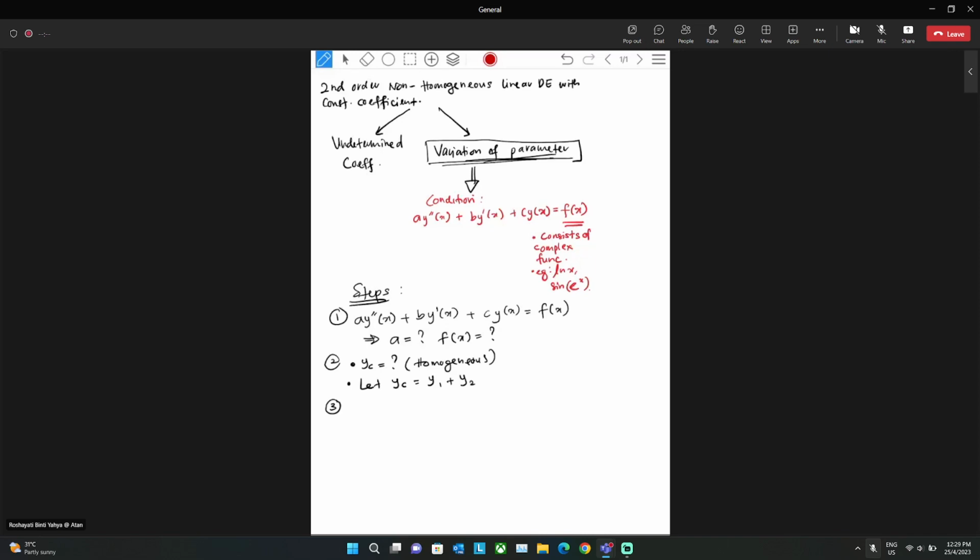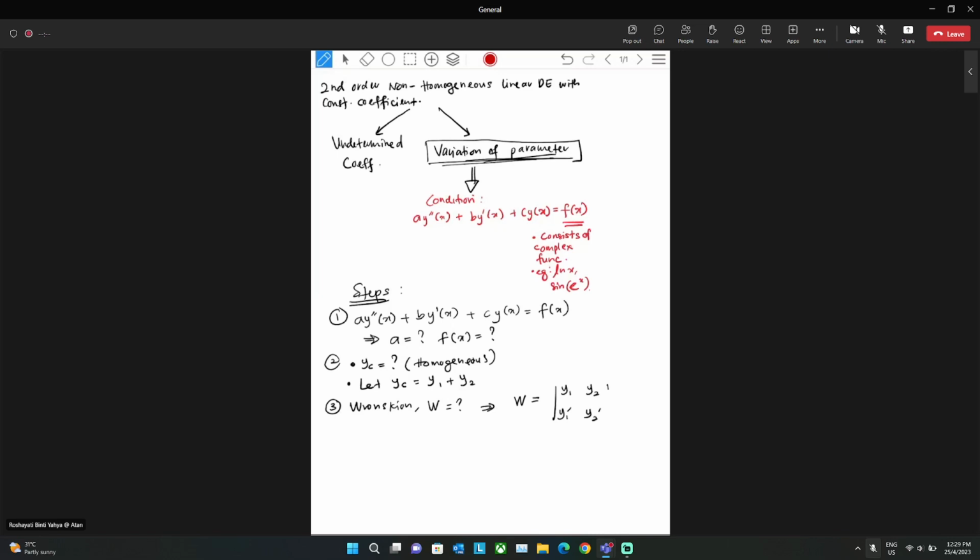The third step, the Wronskian W, which is the matrix y1, y2, y1 prime, y2 prime. You need to find out the value of the Wronskian.